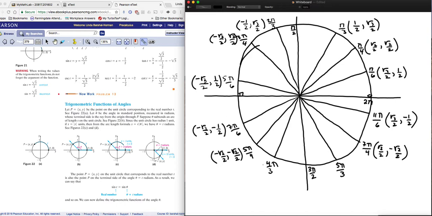I got another one down here, right? 4 pi/3. Down here, they're both negative. And then I have one right here, where x is positive and y is negative.